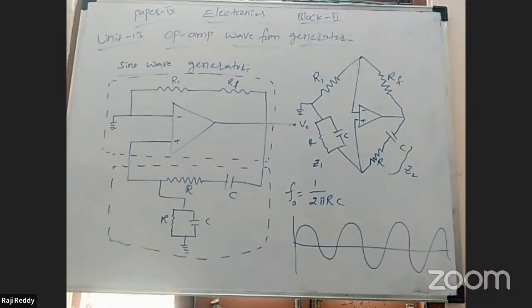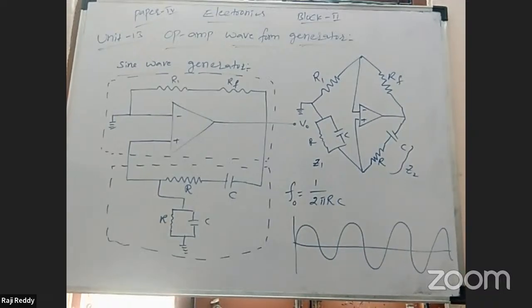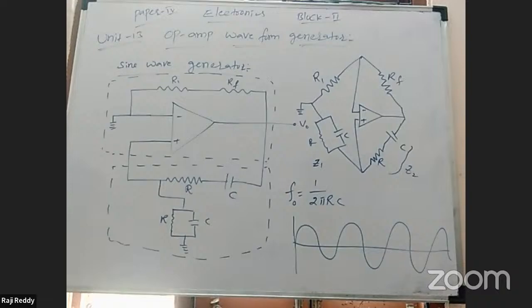If you want to change that square wave into a triangular wave, like a ramp type, in that condition also we can modify the circuit diagram. Two amplifier stages, nothing but two amplifiers, we have to use.